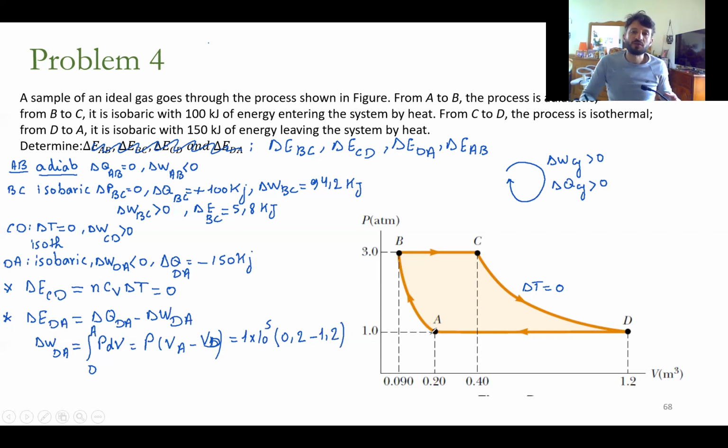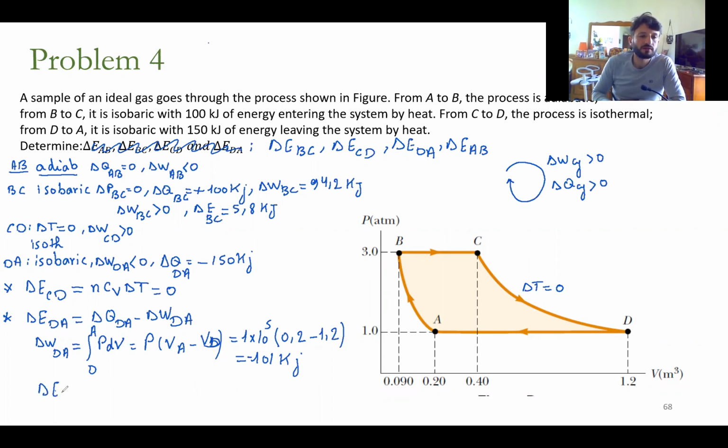From D to A, we decrease the volume, so the work must be negative. So dW equals minus 101 kilojoules. We have the work.